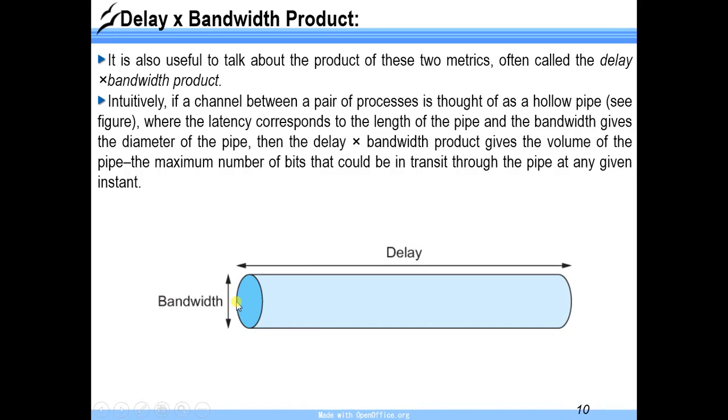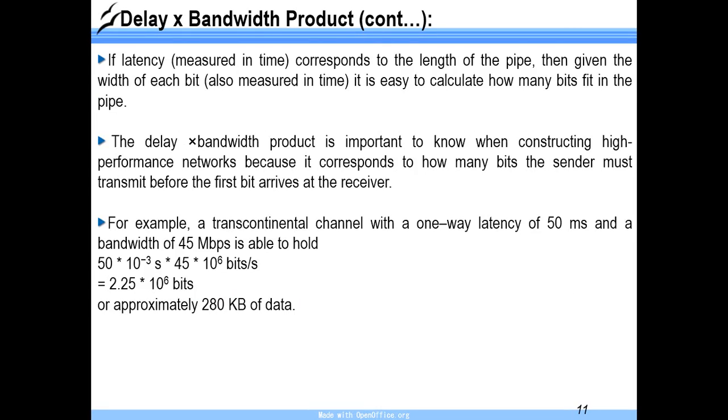This represents the volume of the pipe, which is the maximum number of bits that could be in transit at any given instance of time. If latency in time corresponds to the length of the pipe, and the width of each bit is also in time, it is easy to calculate how many bits fit in that pipe.